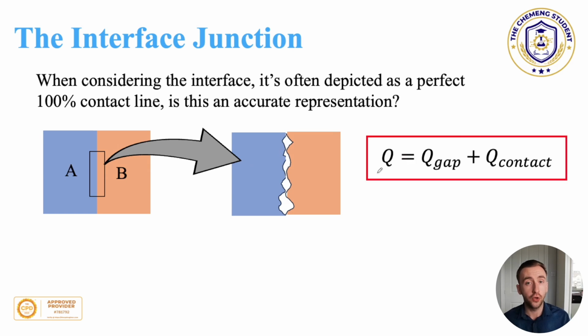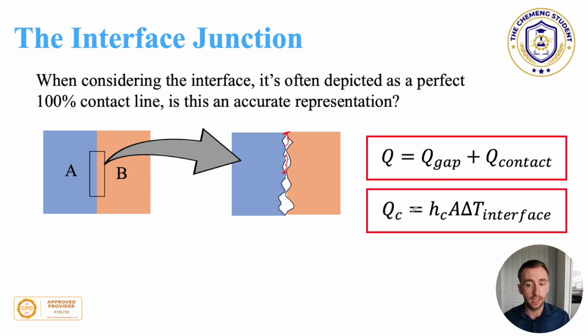And so our Q actually becomes the heat flow which is associated with the gap, so that is for the fluid, the open space between the system, and then Q for the contact, which is the solid to solid heat transfer. So that is actually what's taking place here at the interface junction, a combination of both of these terms.